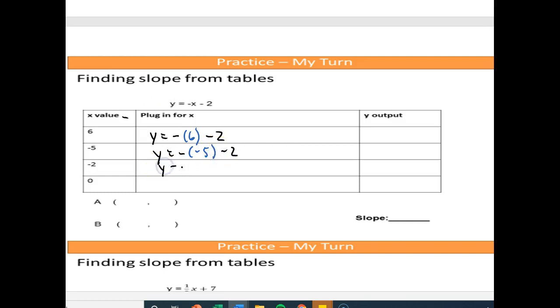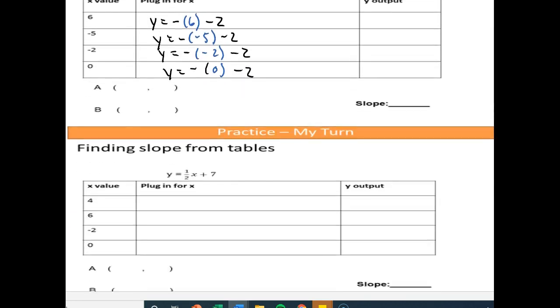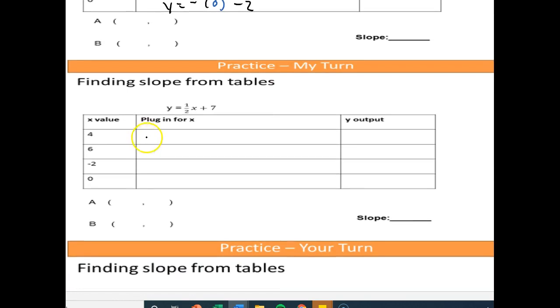Y equals negative, parentheses negative 2 minus 2, and y equals negative parentheses 0 minus 2. And remember, negative negative actually just becomes a positive. Okay? And when you're working with a fraction, y equals 1/2 parentheses, I would just say 4 over 1 plus 7. And work that out.